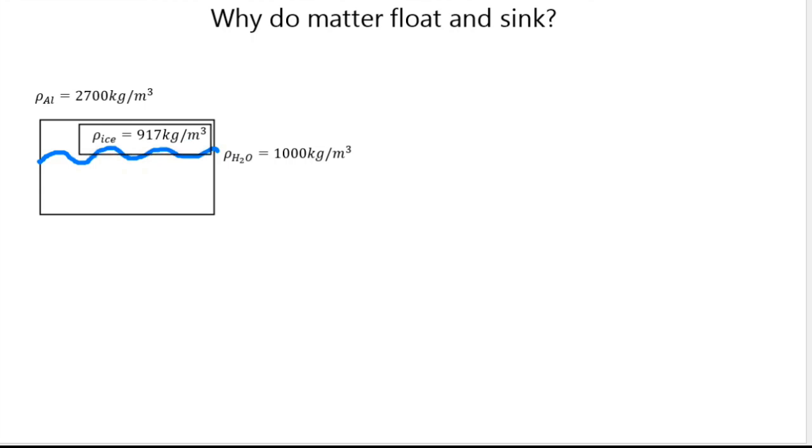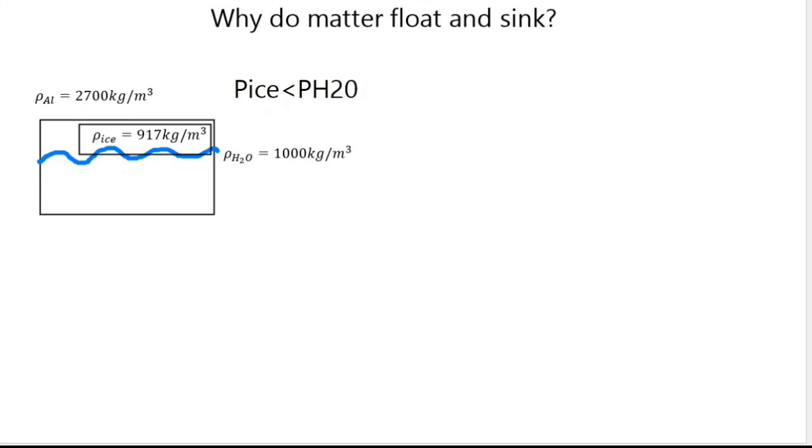It floats because of the density. The density of water is much greater than the density of the ice. So the density of the ice is less than the density of the water, meaning it will float, of course.